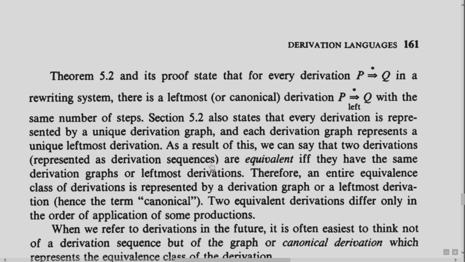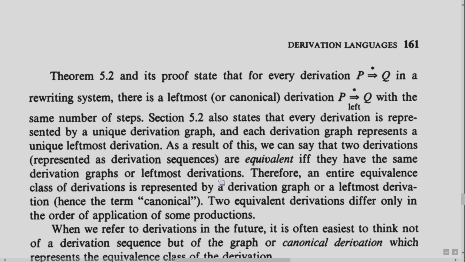If two graphs have the same leftmost derivation, they are known as equivalent. Here they are equivalent if and only if they have the same derivation graph of the leftmost derivation.